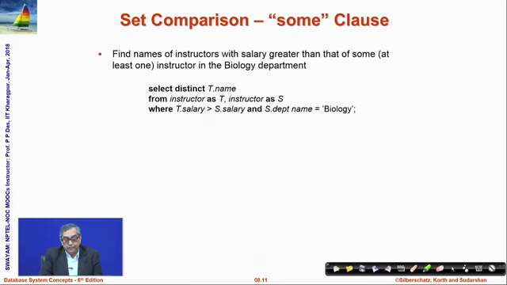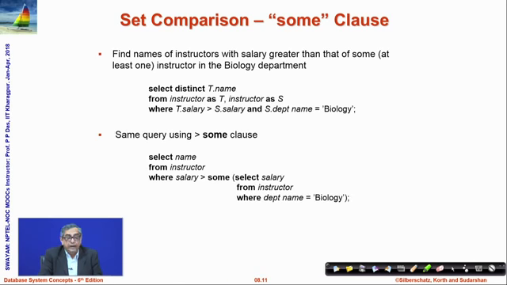There is another clause called the some clause. Look at this: find names of instructors whose salary is greater than that of some, which means at least one, instructor in the biology department, and we have already seen this coding before. Now, we can do this in terms of a nested query.